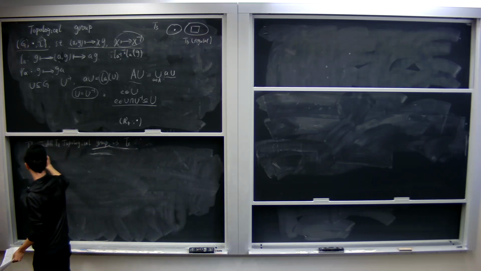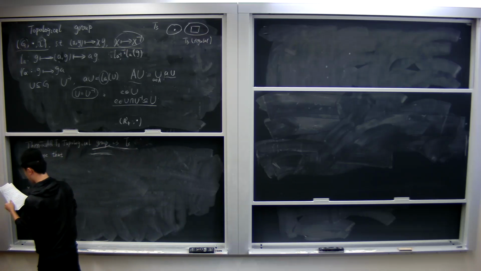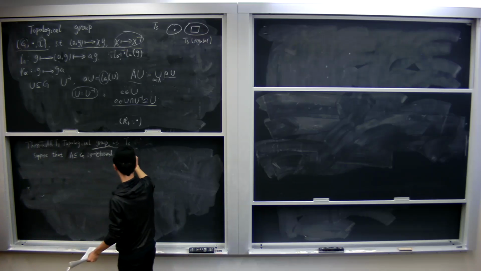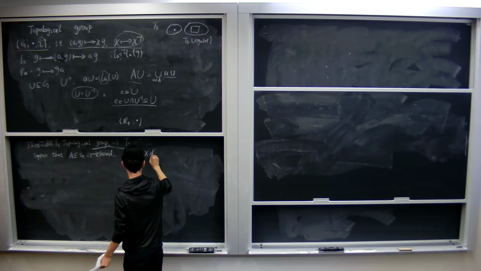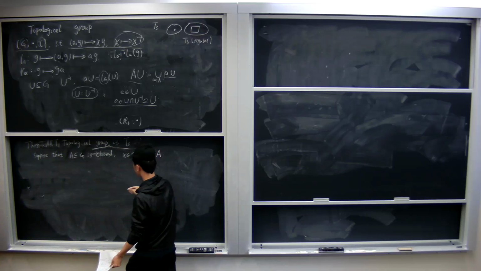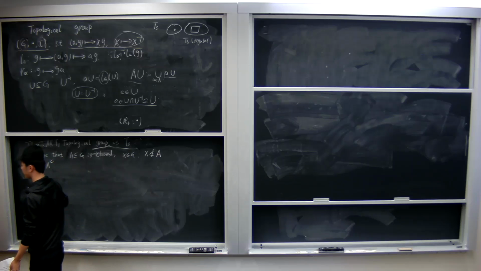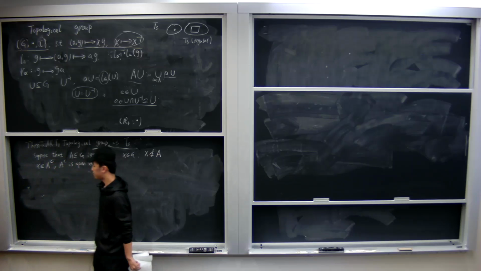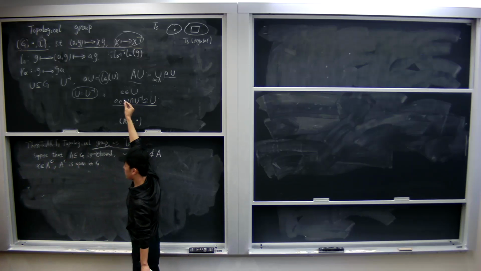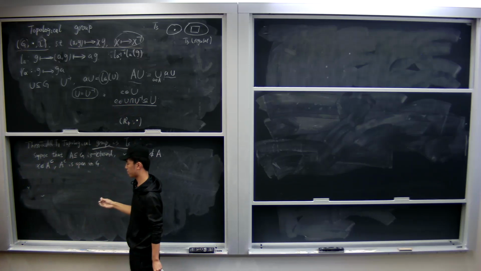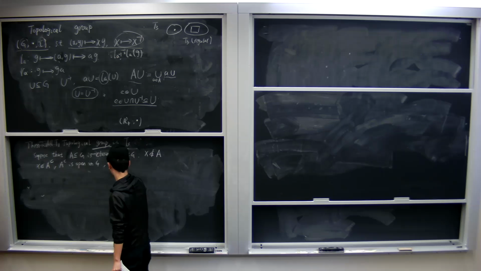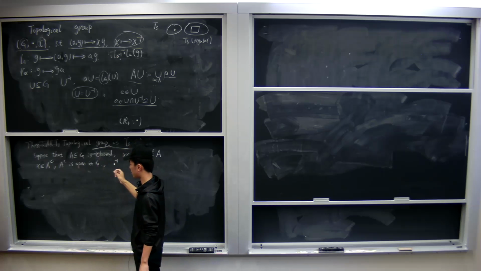Suppose that A in G is closed, and there's some single point X in G, and X is not in A. Then, of course, X is in A complement, and A complement is open in G. Because our product function is continuous, we can take the preimage of A complement under the product function.